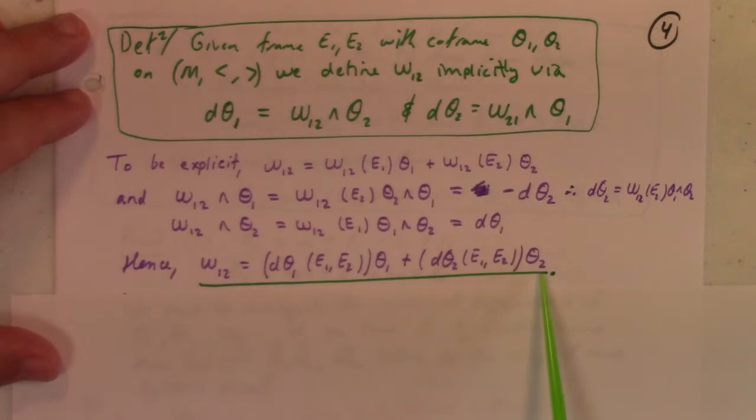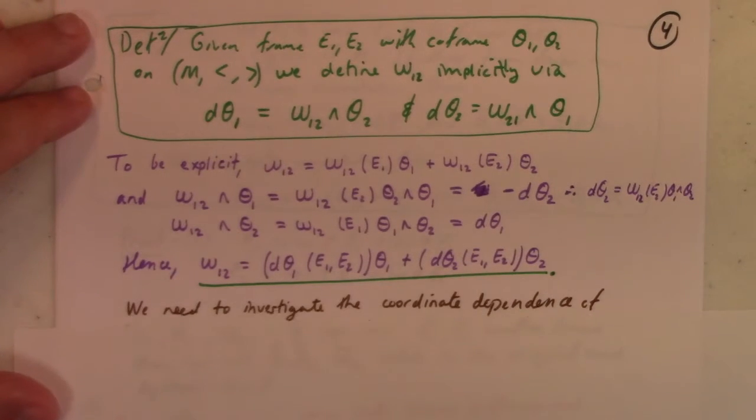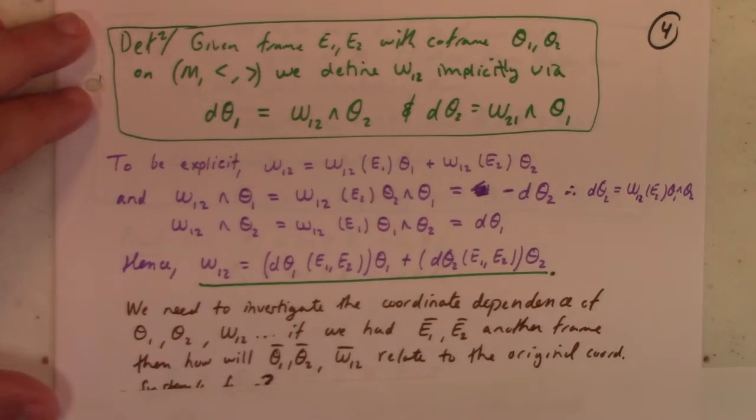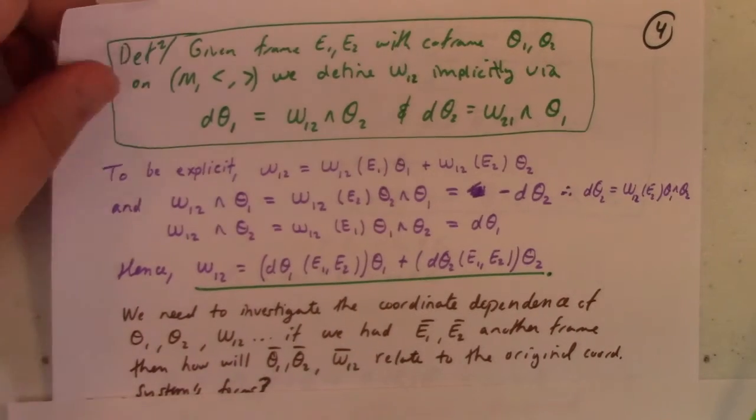The coefficient of theta 2 for the 1, 2 connection form is the exterior derivative of theta 2 acting on E1, E2. These are the formulas we found before. And the calculation is the same.